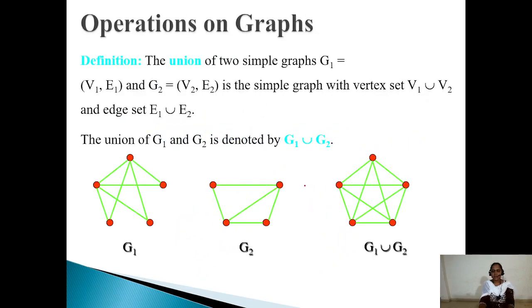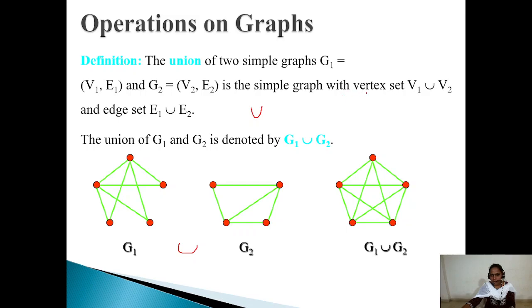Next, some operations. Here I am explaining two operations: one is union, the second is intersection. What is union? Union means the union of G1 and G2, where G1 is (V1, E1) and G2 is (V2, E2).